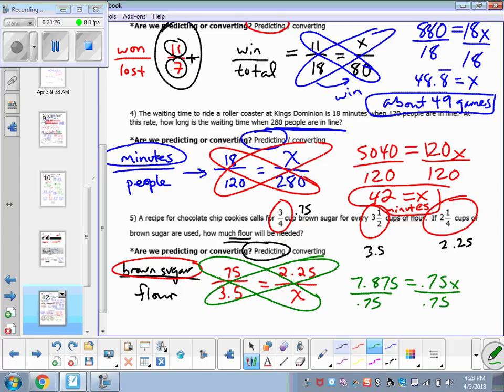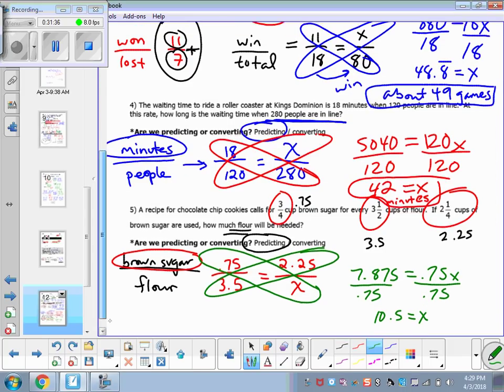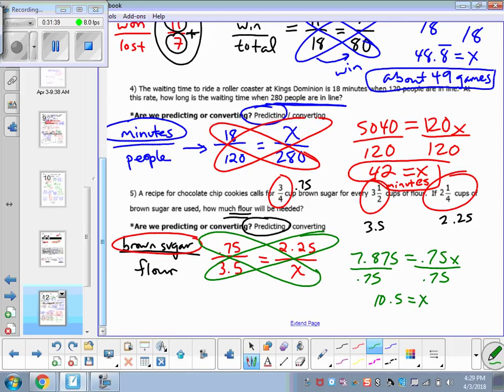So in your calculators, divide by 0.75, please. Now, since the problem started out with fractions, I'm going to suggest that at this point we rewrite our answer with a fraction and say 10.5 cups of what? What was our unknown? It was down here, flour. Cups of flour.